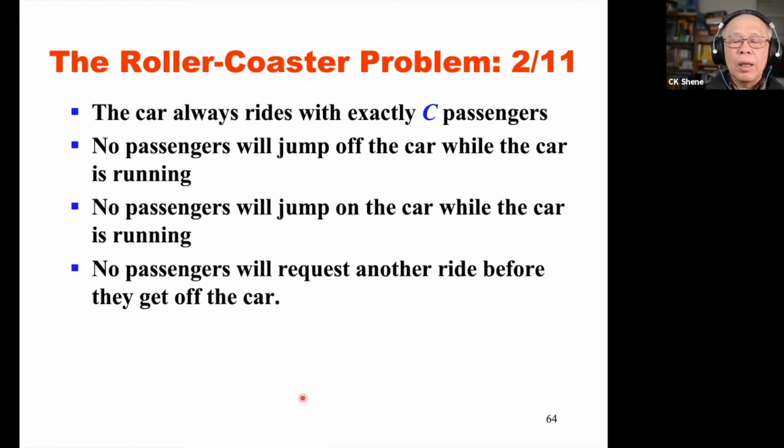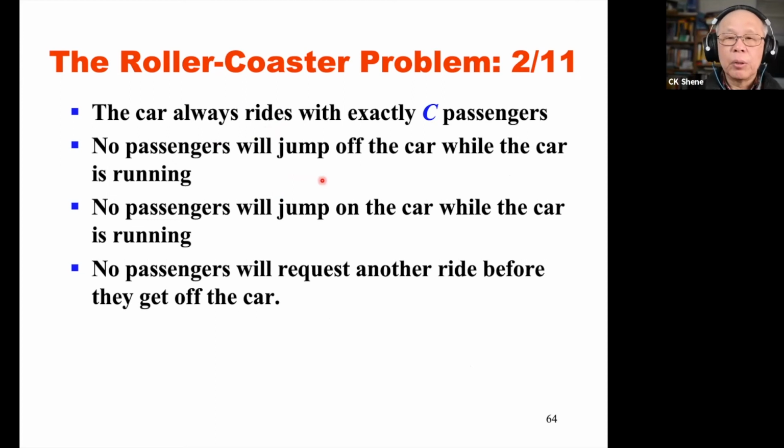What are these so-called boundary conditions? First, the car always rides with exactly C passengers. Cannot be C plus 1, cannot be C minus 1, and so on. Now, no passengers will jump off the car while the car is running. You might say, that is ridiculous.